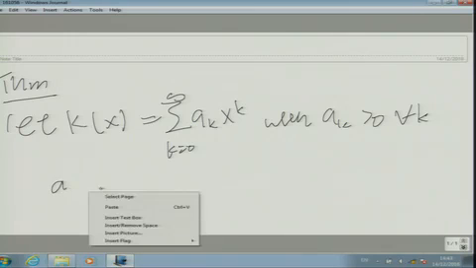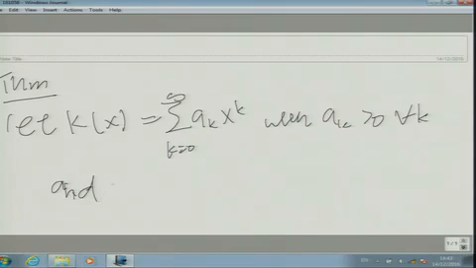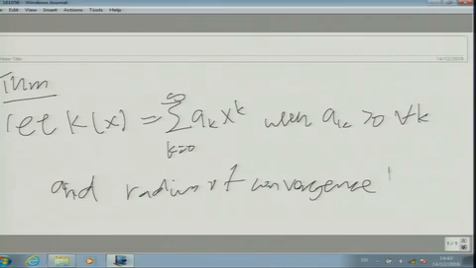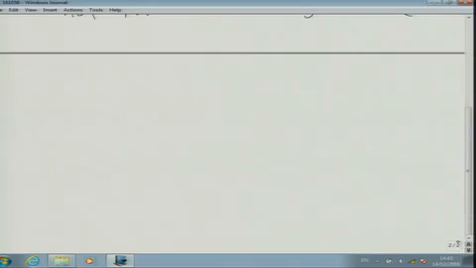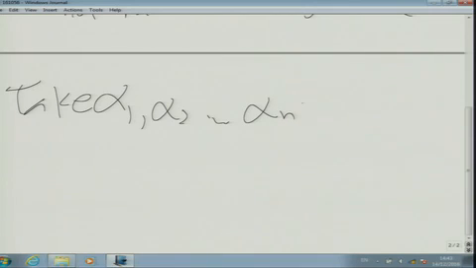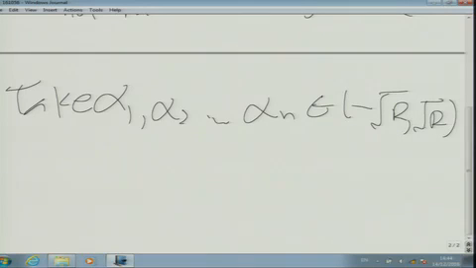And this function has a radius of convergence R. And we take alpha 1, alpha 2 to alpha n in the range of negative root R to root R, and they are all pairwise distinct.